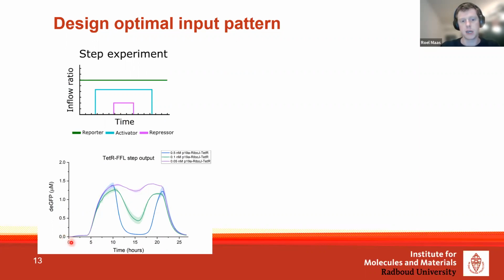At first there was no expression because there was no activator there. Then when we add the activator gene, the expression goes up. When we add the repressor, the expression goes down again. And when we remove the repressor, expression goes up, and then expression goes down when we remove the activator. We did this for a couple of different repressor concentrations for all different feed-forward variants to come up with some initial parameters.